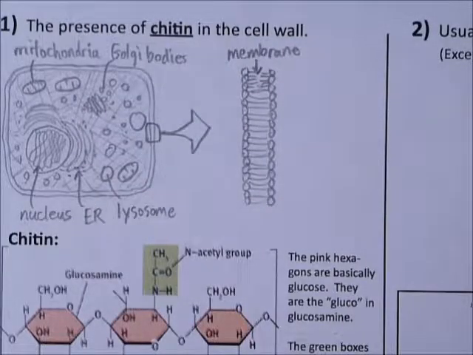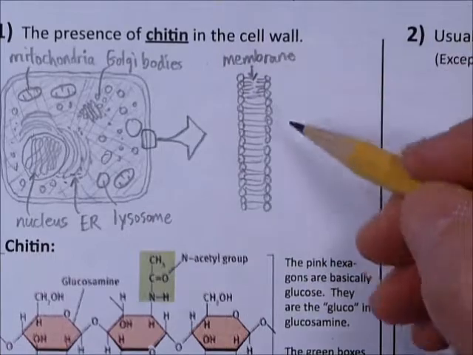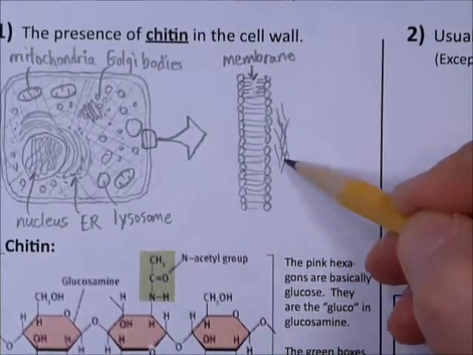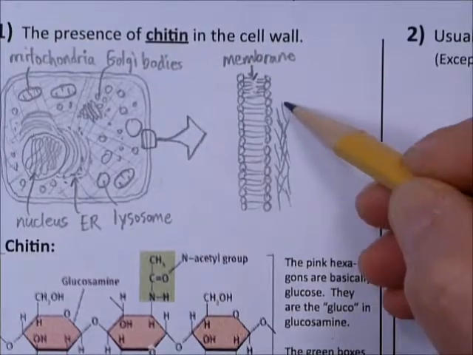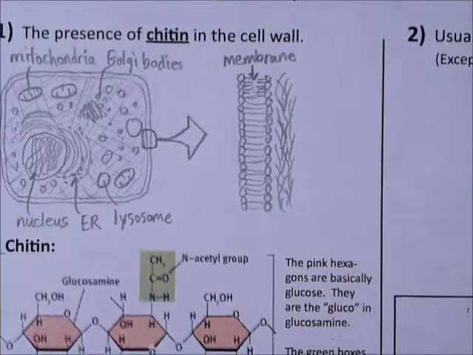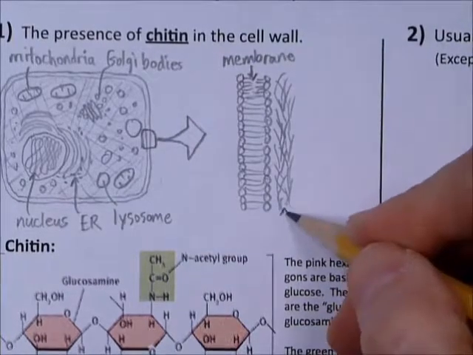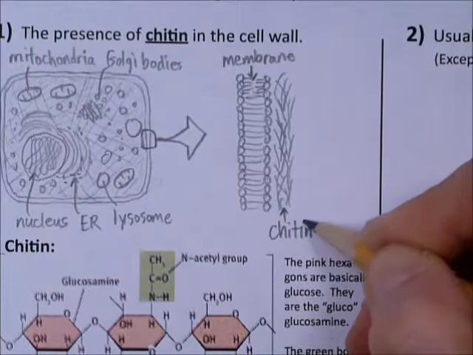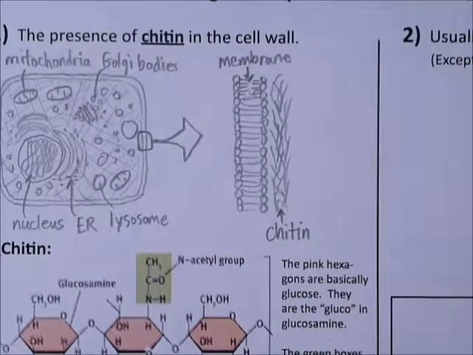It doesn't matter what we draw. It'll be fine. Just make some little, how about little stick things like this? If you want to use a color, you can. You don't have to. Just make some little things like that. And this is the chitin. C-H-I-T-I-N. We'll talk about it in just a minute.